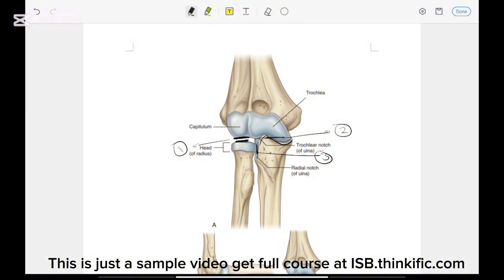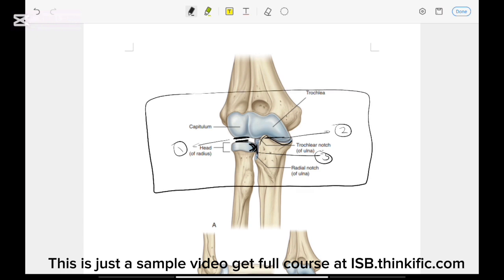On the other hand, the joint between the head of the radius here and the radial notch on the lateral surface of the proximal ulna forms the proximal radio-ulnar joint, and that is involved with pronation and supination of the forearm. Right? So actually the elbow joint, you can take it as one unit. It performs the following actions: flexion and extension, pronation and supination.